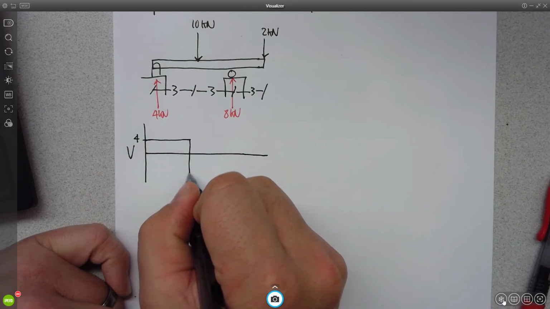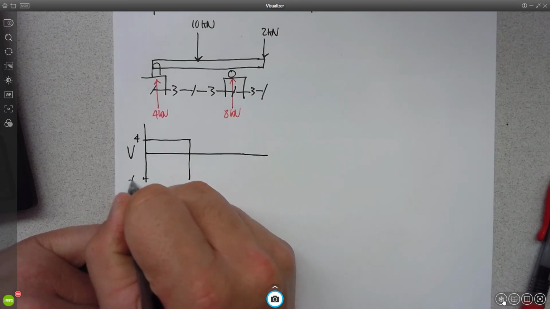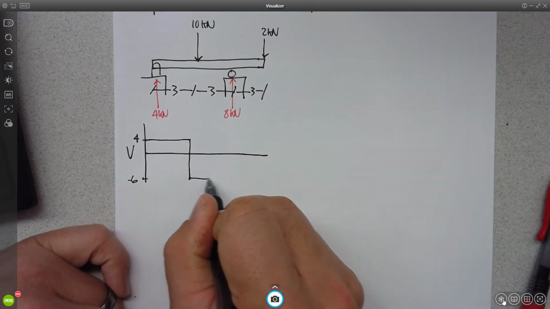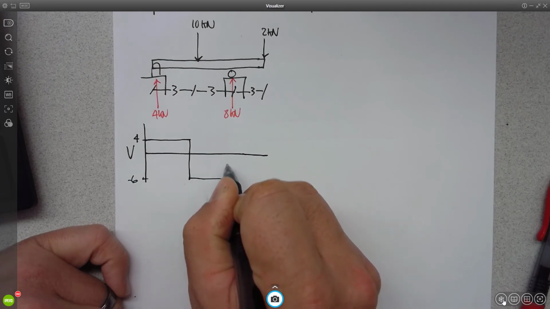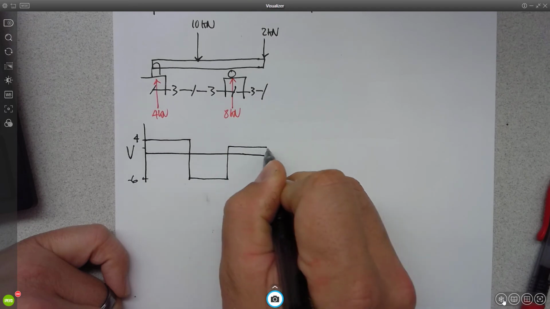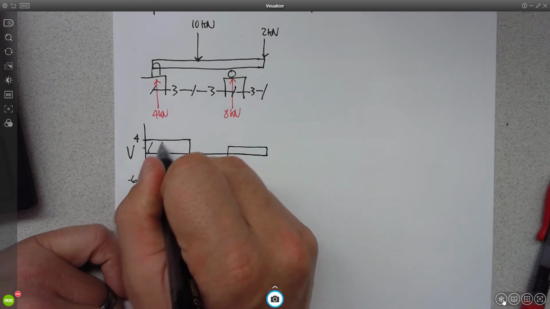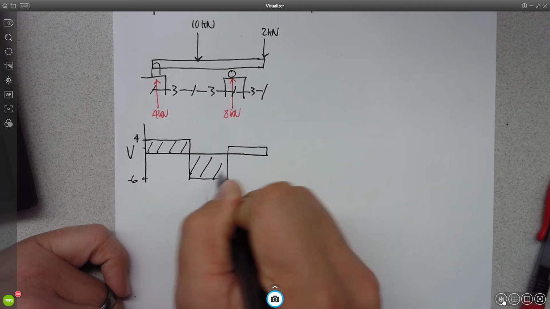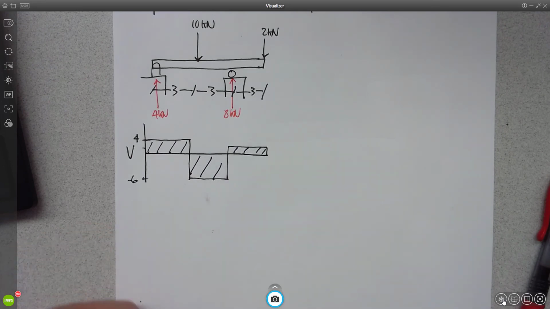Jump down 10 to negative 6. Jump up 8 to 2. Jump down 2 back to the axes.